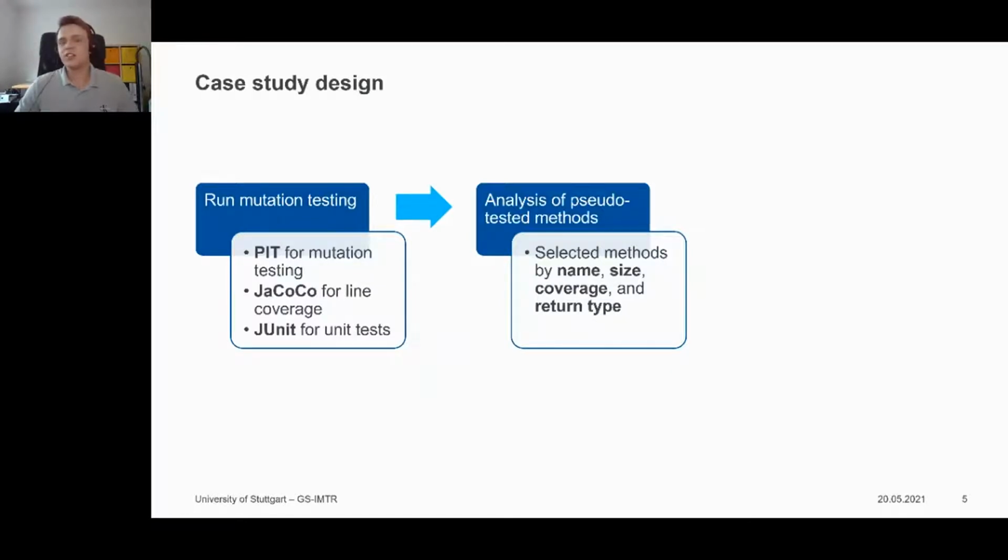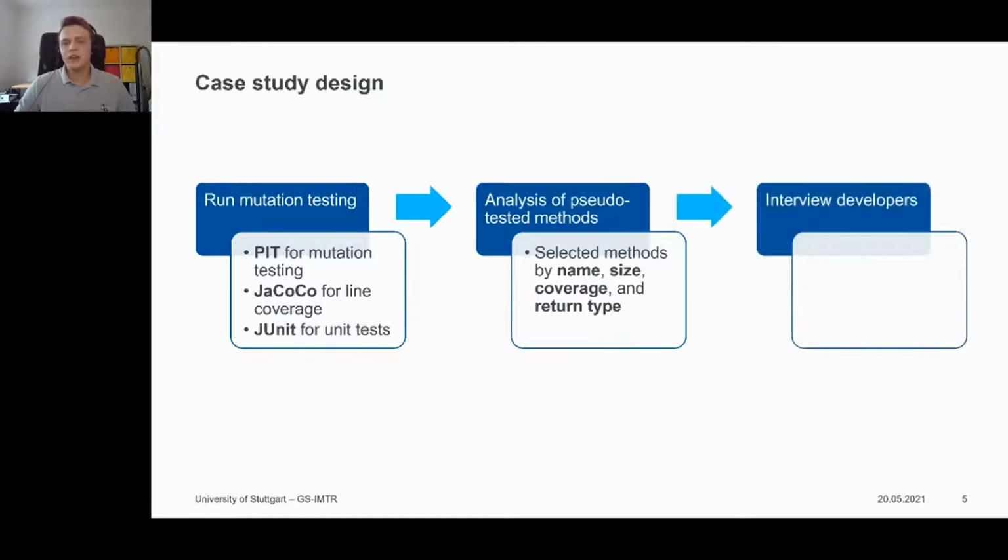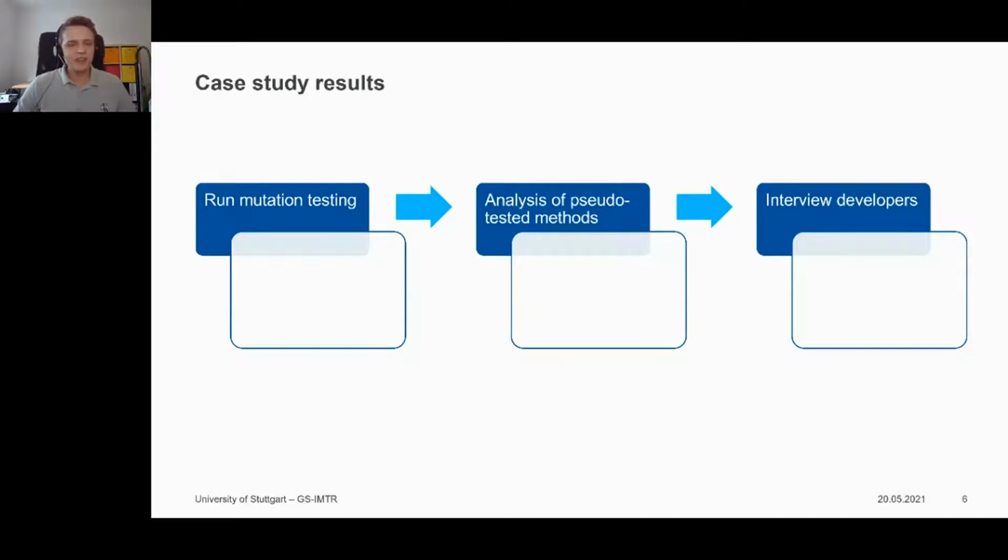And by size, we mean the number of lines of code that this method has. And in the last step, we interviewed 2 experienced developers and had an interactive session with them where we opened an IDE and demonstrated to them how extreme mutation testing works and what their results are, and asked them several open and closed questions.